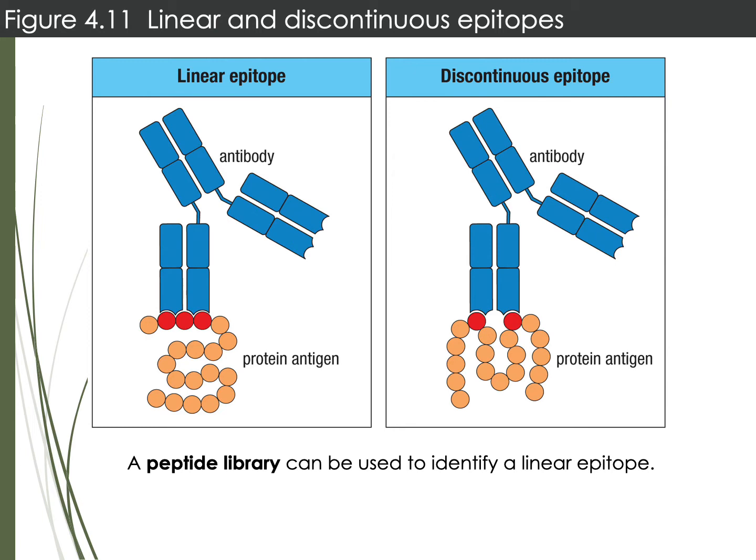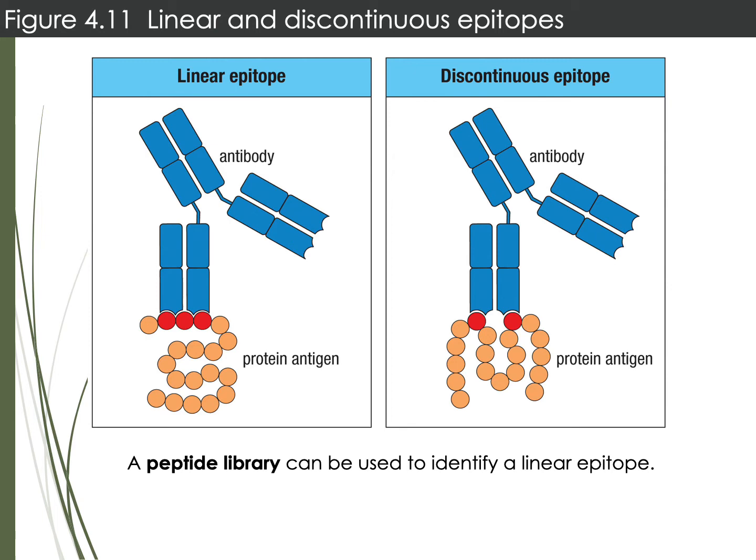On the discontinuous epitope, you can see how there are amino acids that are not recognized by the antigen binding site. It's not a continuous recognition. It's a portion here, and it could be 3 to 4 amino acids in one section, another 3 or 4 amino acids in another section, and then 2 more somewhere else. That means that with discontinuous epitopes, if you denature the protein, you lose that recognition.